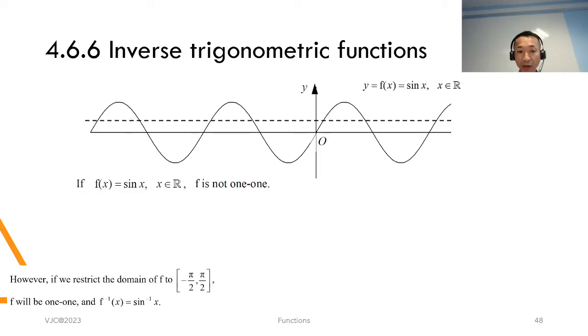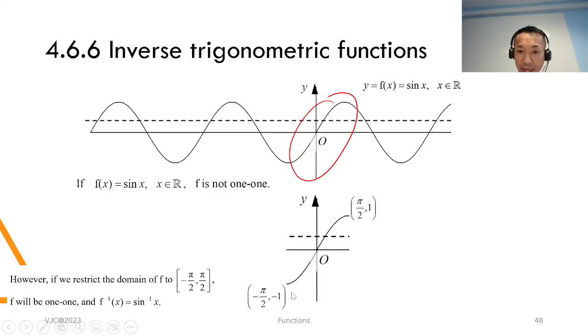However, if you restrict your domain to minus pi over 2 to pi over 2 here, then f will be one-to-one like that, and f inverse exists.